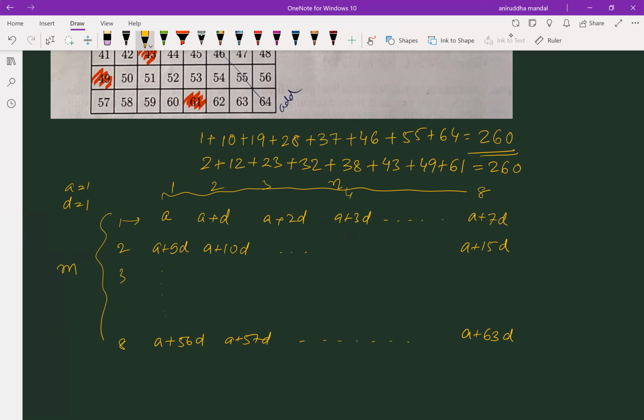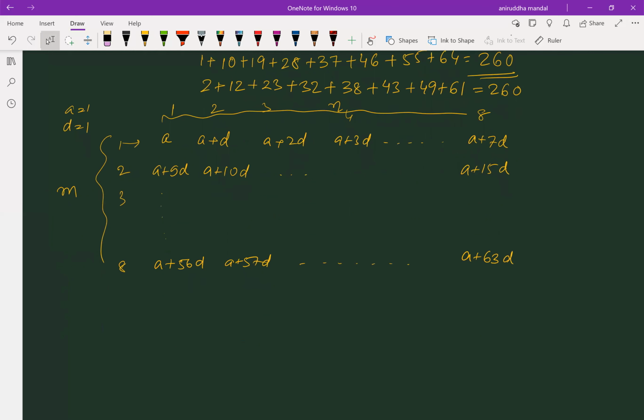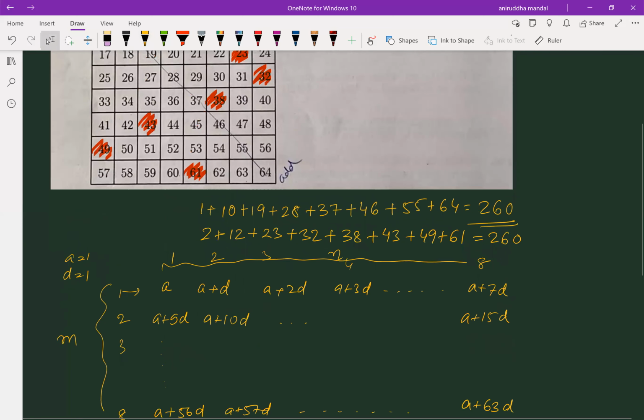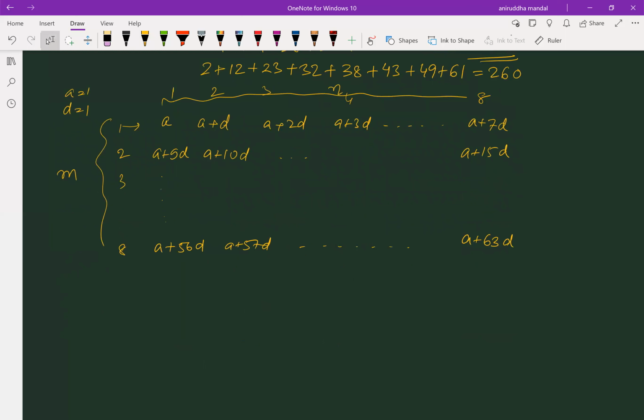This is the eighth column. If we write these numbers in terms of m and n, we can do this in a more general form. So what can we write this first term as?